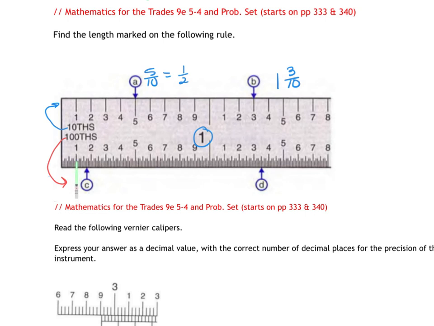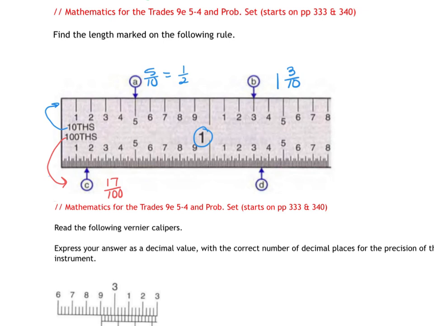So here's 1, that represents 10. The halfway mark represents 15. Looks like 16, maybe 17. So it is 17 100ths.